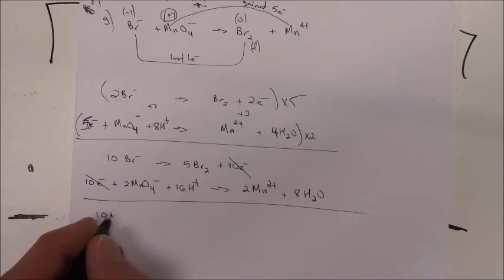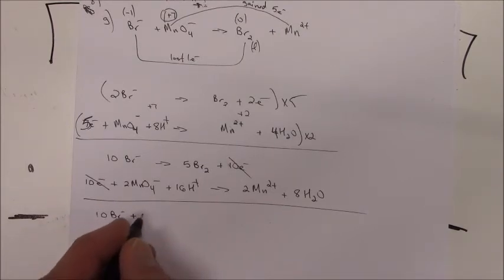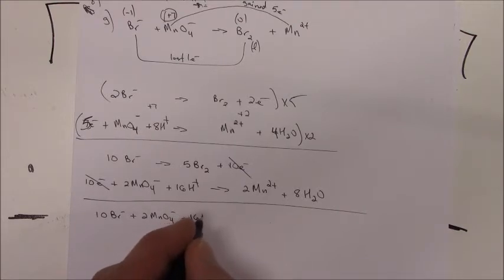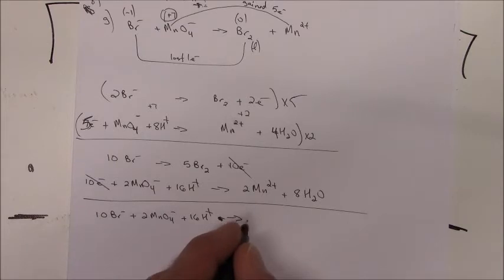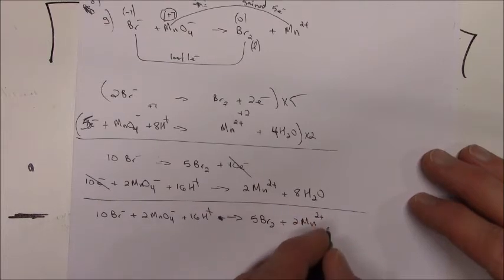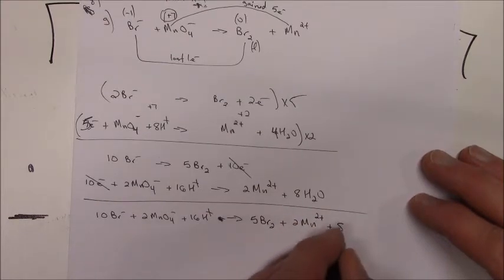So you're going to get 10 Br minus plus 2 MnO4 minus plus 16 H plus, arrow, 5 Br2s plus 2 Mn2 pluses plus 8 H2O.